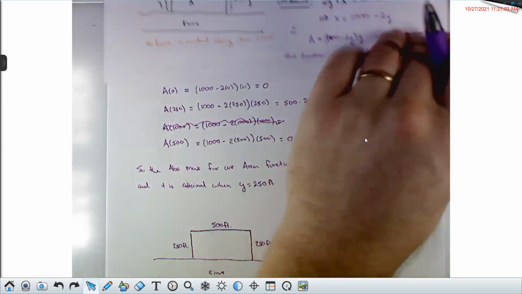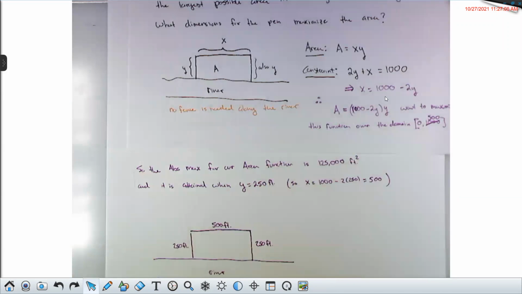If we did this the other way, where you solve this for y, that would give you y equals (1000 minus x) all over 2, then the x domain would be 0 to 1000. Because you could put all 1000 feet here, and then you just have no height. But you can't put all 1000 feet on this side, because then you would need 1000 feet on this side also.